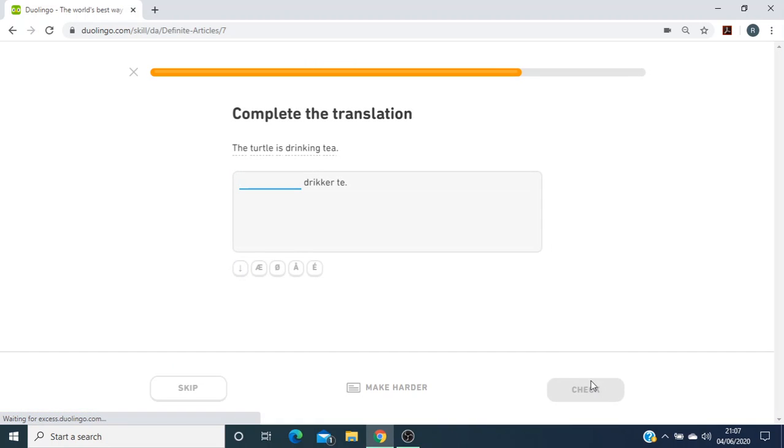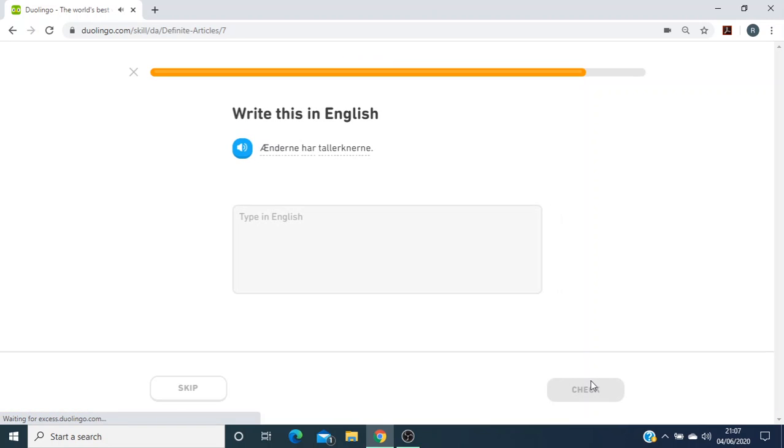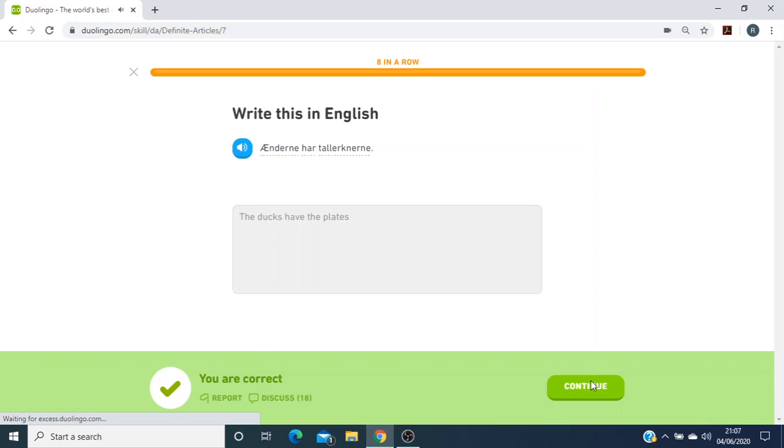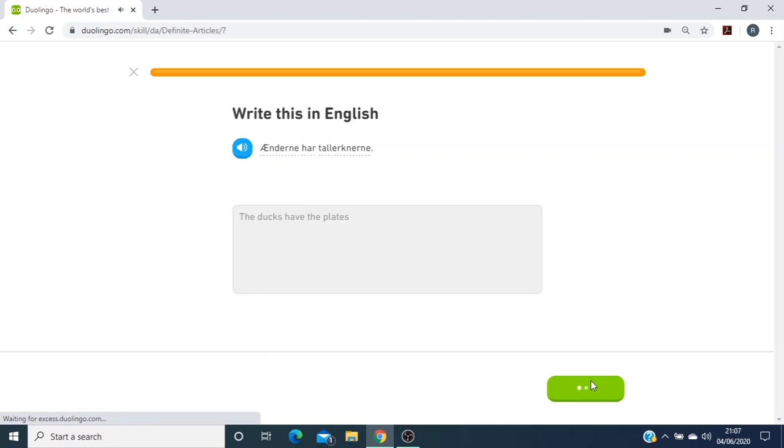The turtle is drinking the tea. Skildpadden. Anderne har tallerkenerne. The ducks have the plates. And there we go. So one more to go, and that's us completed.